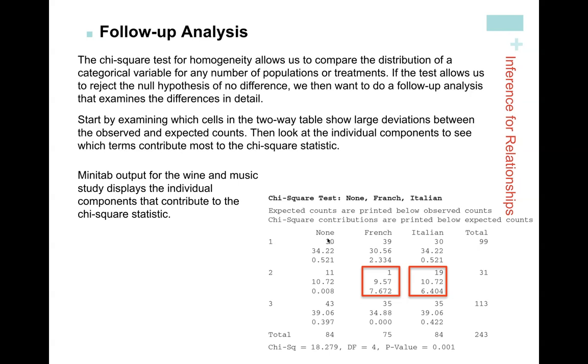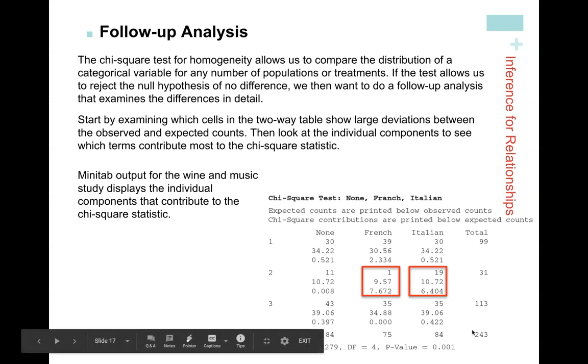It has the observed count, the expected count, and the contribution, the component right there, which is observed minus expected quantity squared divided by expected. So again, observed count, expected count, and the component, or contributor. It even has the row totals, the column totals, and the total.